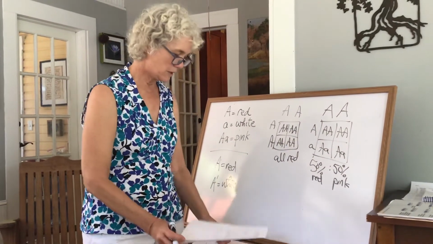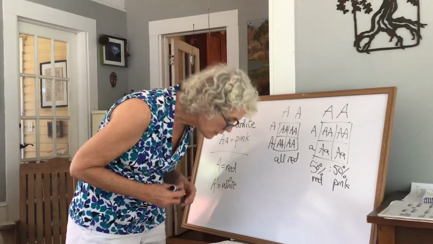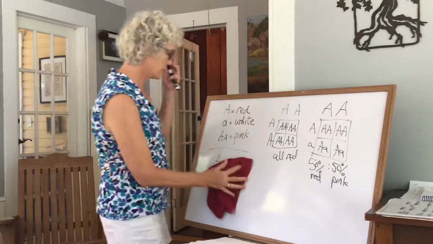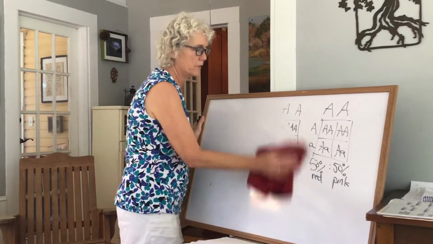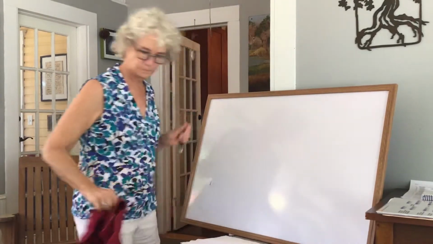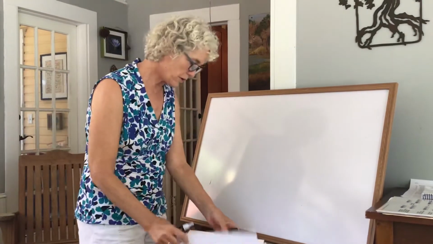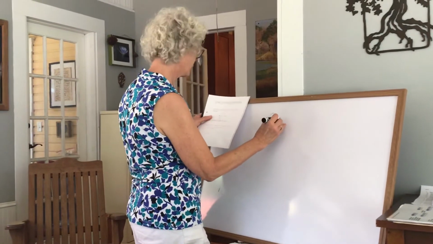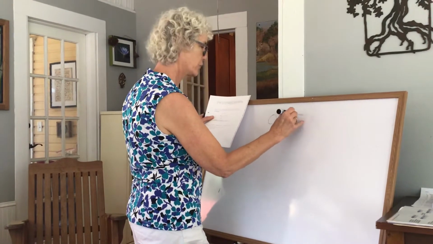Okay, the next one I'm going to do is question number 7. This is about a pedigree. I mainly am doing this because I wanted to show you how to think about these problems. It says females are circles and males are squares.